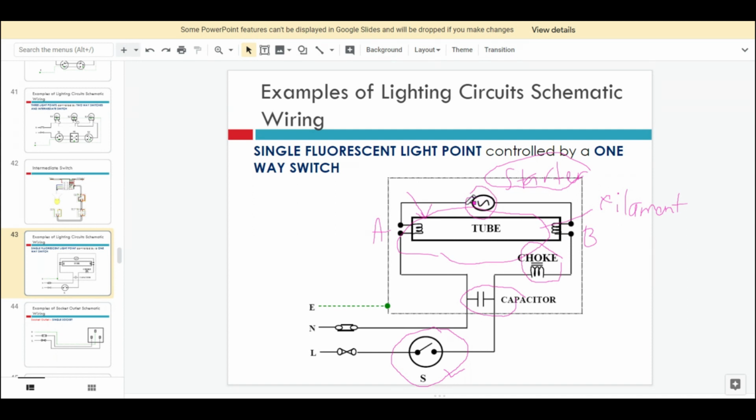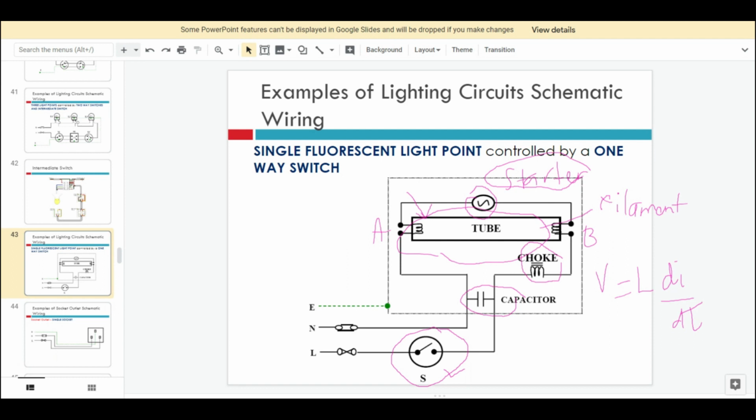The starter will be on, so the current will flow back to the neutral. After 1 or 2 seconds, the starter will open, and this choke will create a high voltage because we know that V equals L di over dt.